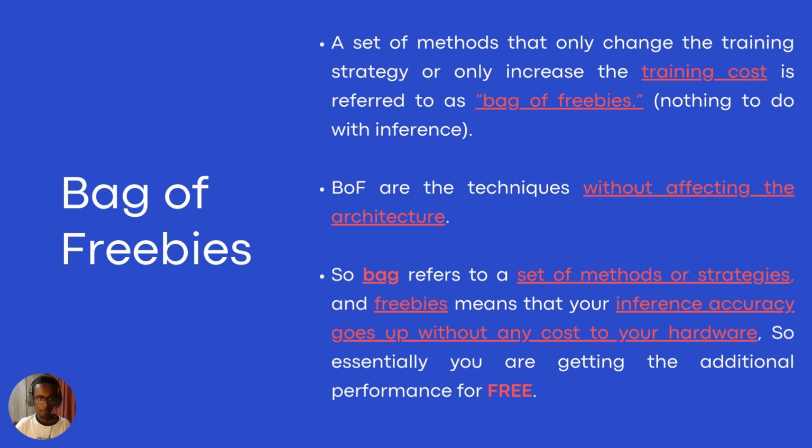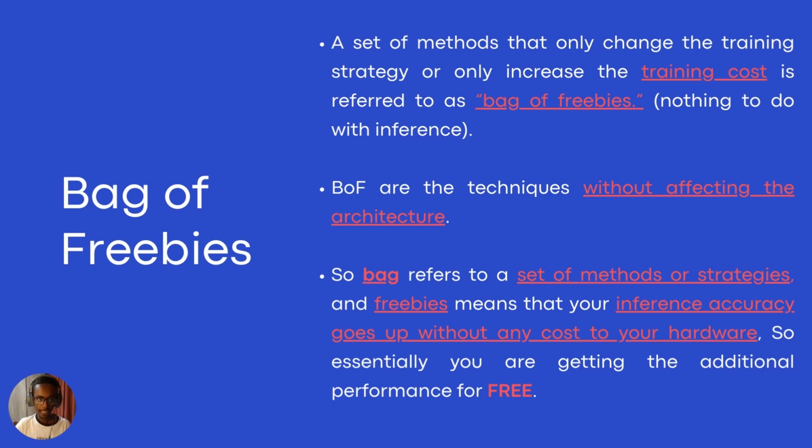That means it might cost us some memory or some computation, but it's worth it because we get some improvement in performance. So Bag of Freebies are techniques that do not involve any modifications to the overall architecture.